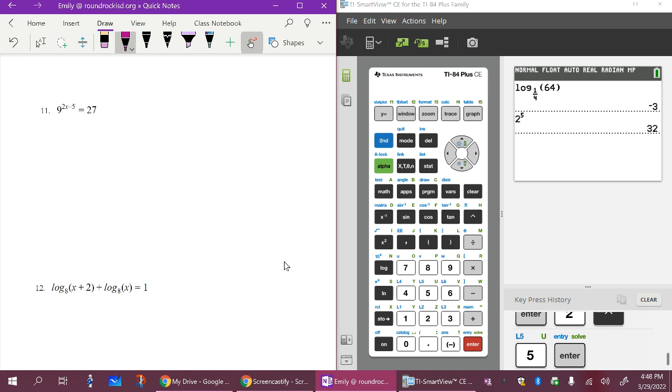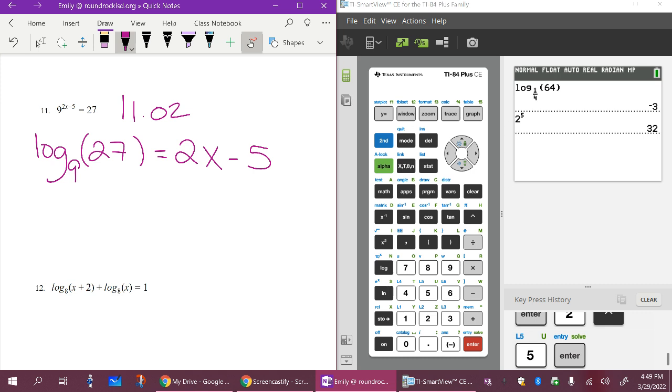Another kind that we're going to have is converting, so that's what we did on day 2. This is for when the variable is in the exponent. That gets it back down on the main level. If it's a log, then the variable would be in here, and so we would convert to get it on the outside.